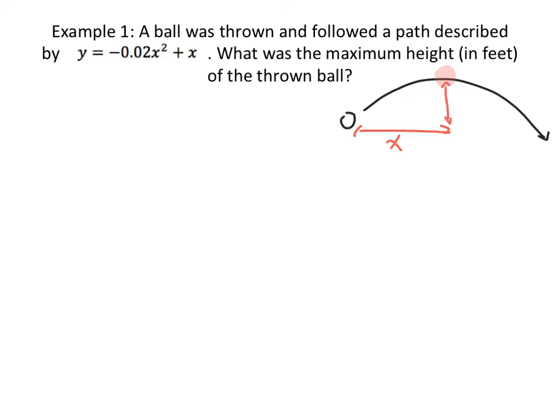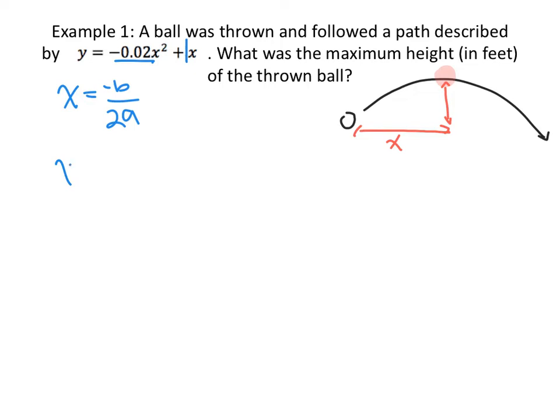But I don't have a formula for the height of the vertex, but I do know how to find the x value first of the vertex, which is going to use what we learned last time, x equals negative b over 2a. Looking at my formula, I can see that my a is equal to negative 0.02, my b is equal to 1.